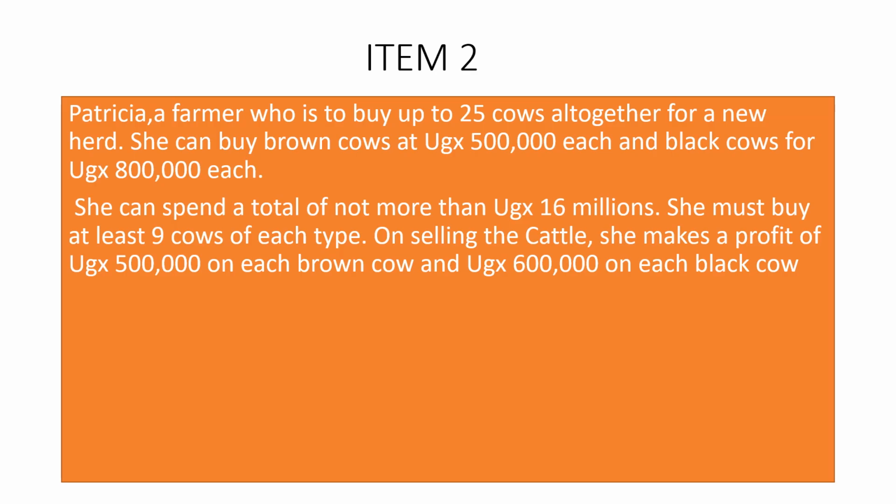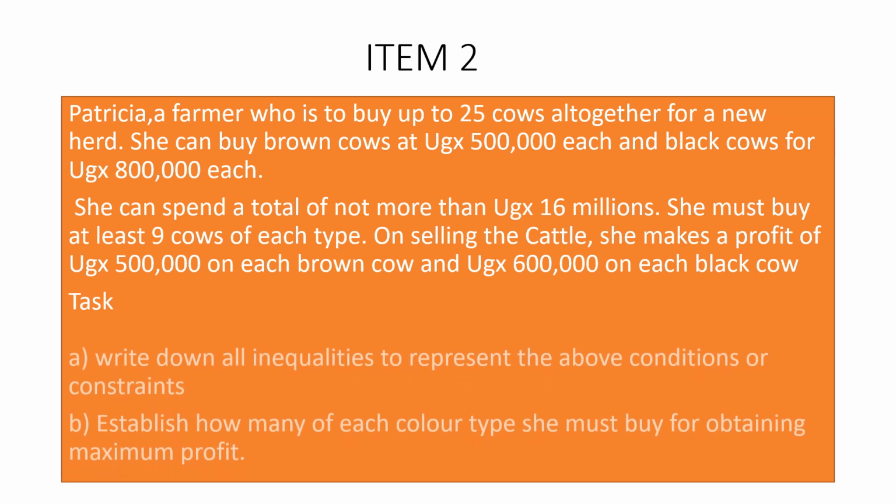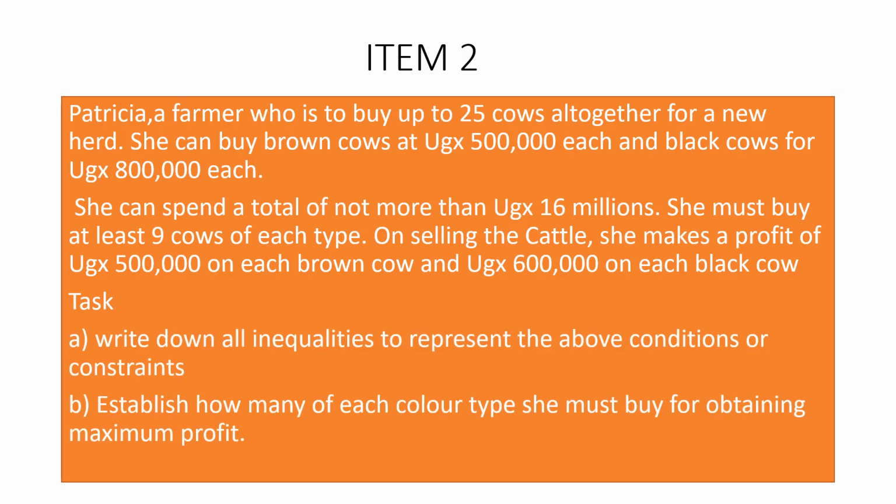She must buy at least 9 cows of each type. On selling the cows, she makes a profit of 500,000 shillings on each brown cow and 600,000 shillings on each black cow. Ask: write down all inequalities to represent the above conditions or constraints.